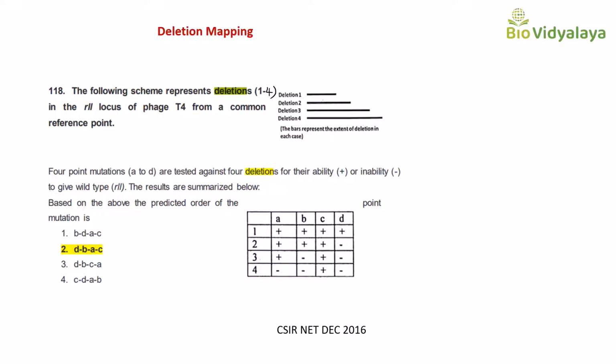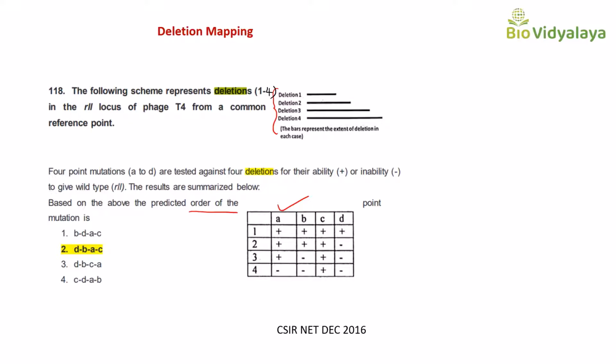That is summarized in this table, and we have to find the correct order of the point mutations A, B, C and D. Here these bars represent the extent of deletion.